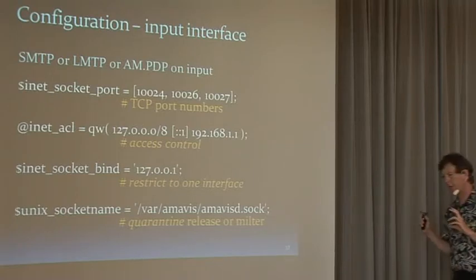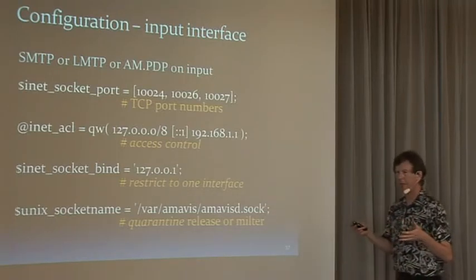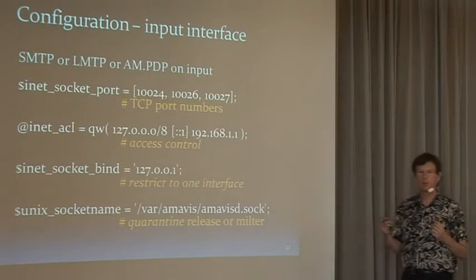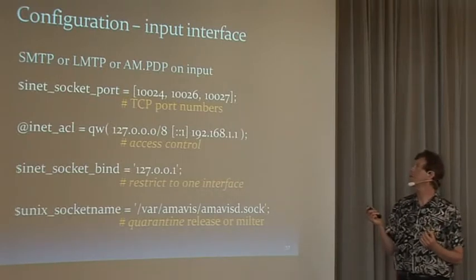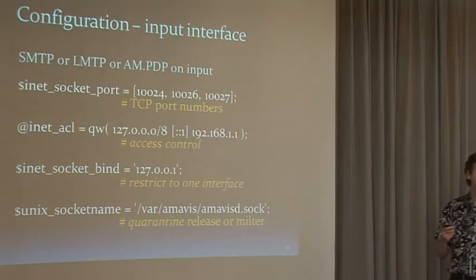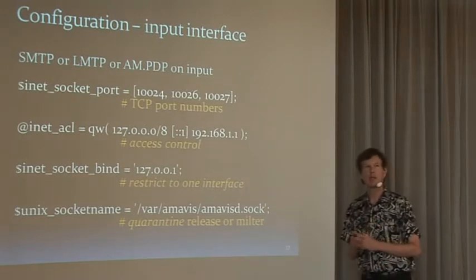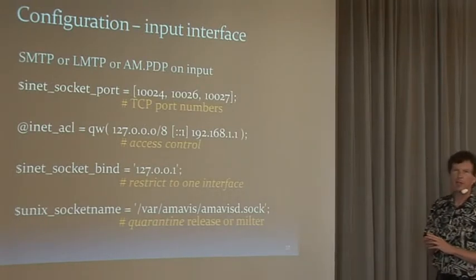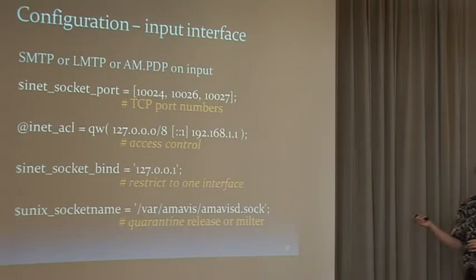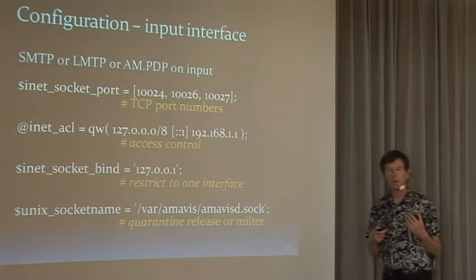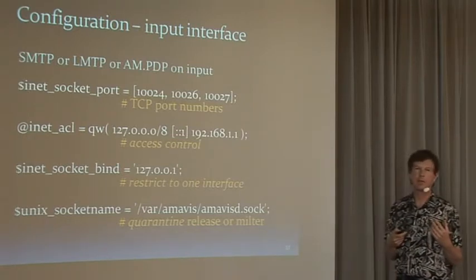Amavisd can release mail, can re-enter mail into the mail stream taken from quarantine, and using this protocol you can tell which mail to pick out from your SQL or file system based quarantine, and either send it directly to the mailer on the output side, or resubmit it to its input side and let it pass one more time through all content filtering.